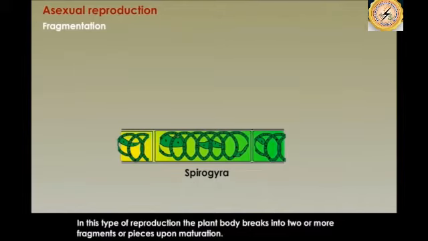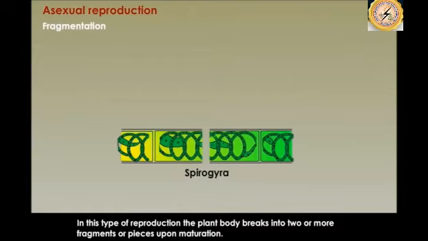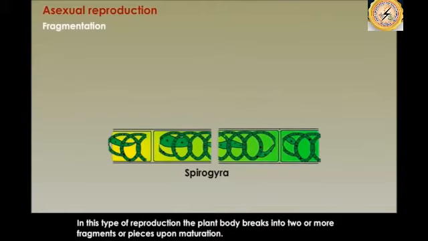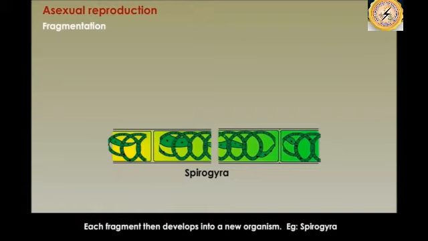Just as in the case of Spirogyra, that is showing fragmentation. One more type of asexual reproduction where it breaks into small pieces upon maturation, and it forms the lost part of it.